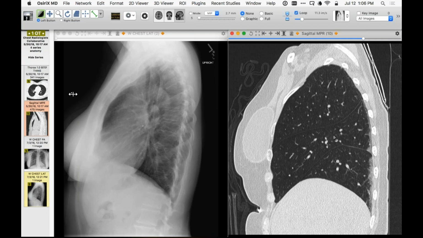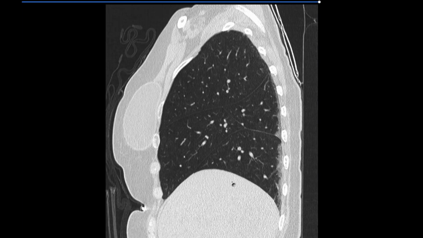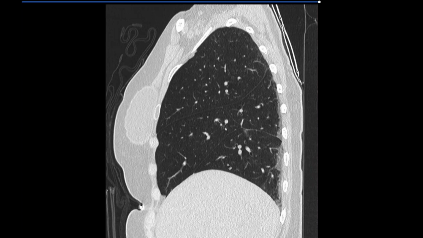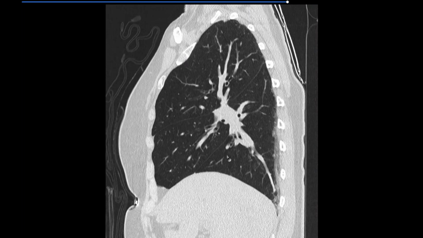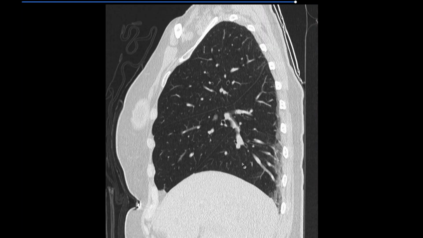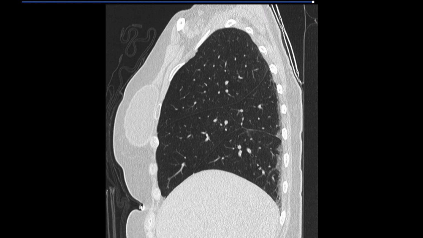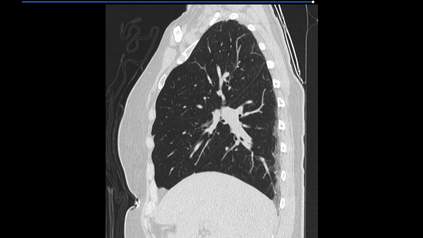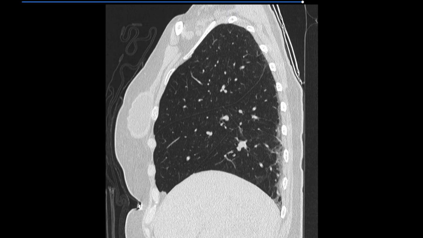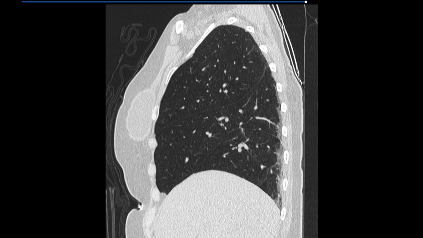This one has this length of fissure as well. But I think it's just a little bit of a variation on the theme of a superior accessory fissure. But for sure, the superior segment is here, middle lobe, basal segments, and then the other segments. Just a nice example of that.